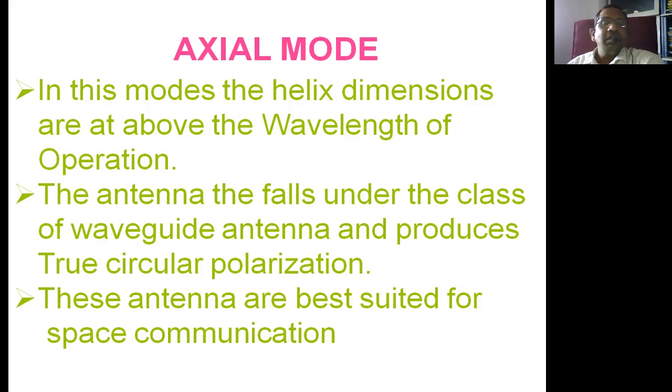When you adjust the antenna on the earth station to have a point to point contact with the satellite, the helical antenna on the earth, working in axial mode, always has point to point communication. Therefore the directivity is very good in the axial mode.